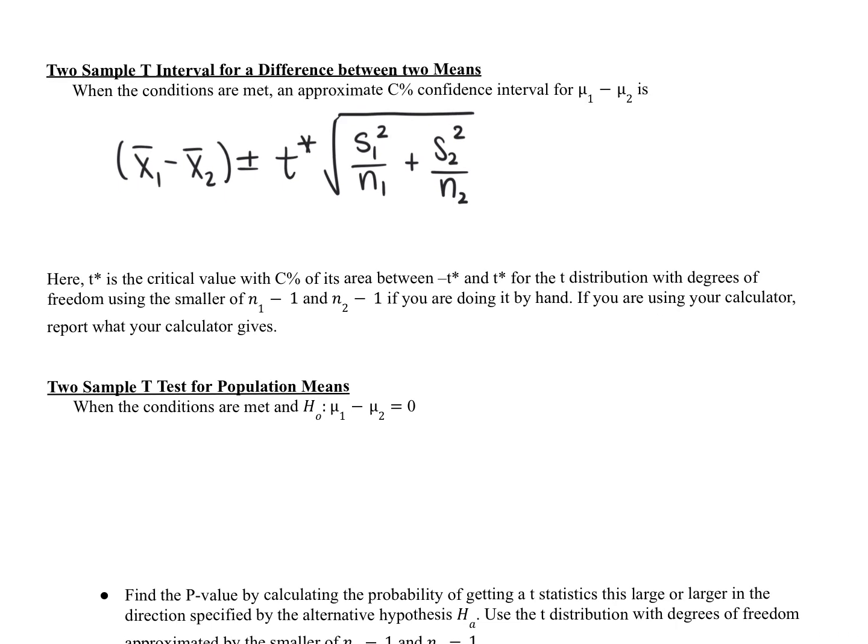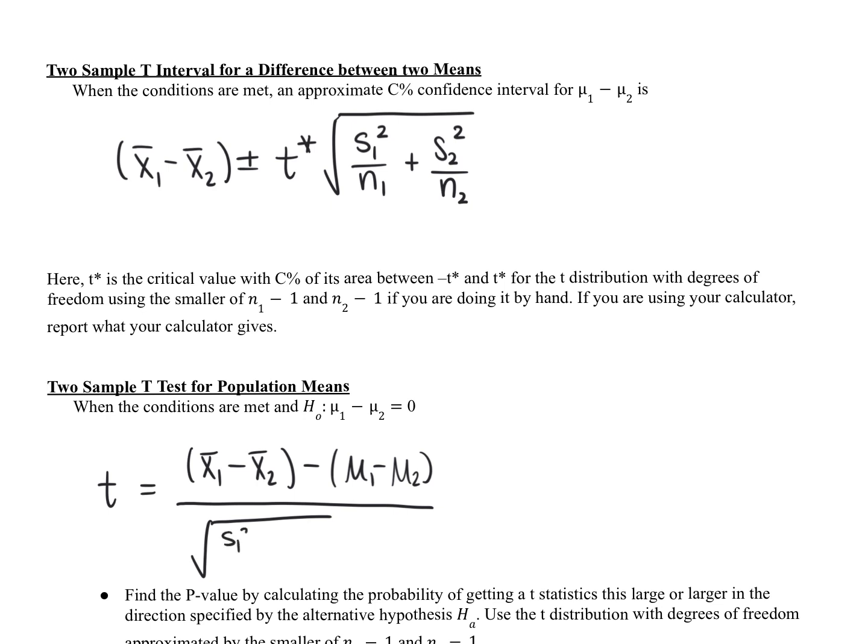Then if you're talking about a significance test, as long as your conditions are met, and like I said, your null hypothesis is almost always going to be mu1 minus mu2 equals 0, then our test statistic t equals x1 bar minus x2 bar, minus mu1 minus mu2, which I've already stated multiple times is most likely going to be 0, all over the square root of s1 squared over n1 plus s2 squared over n2.